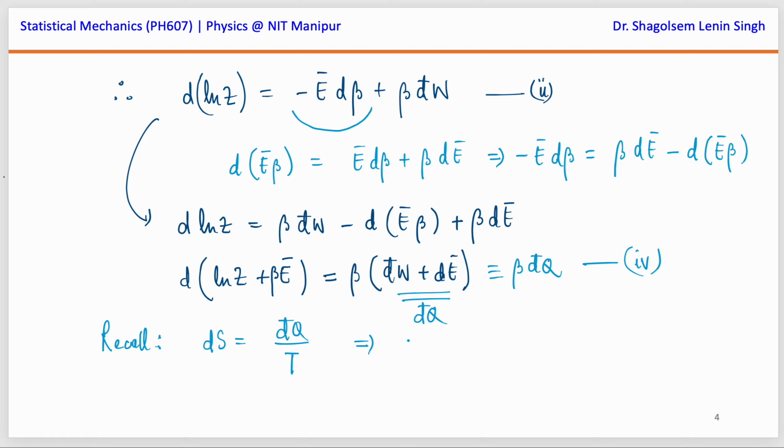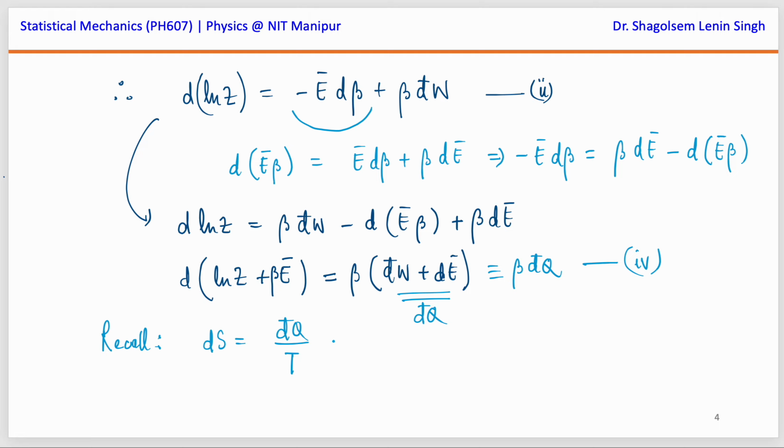Or this, in fact, you can write as follows: dS equal to beta del Q. So what I've done is I've just on the right hand side, you multiply both sides by, no, sorry, you do like this. What I want to say is I want to write in terms of beta dQ.